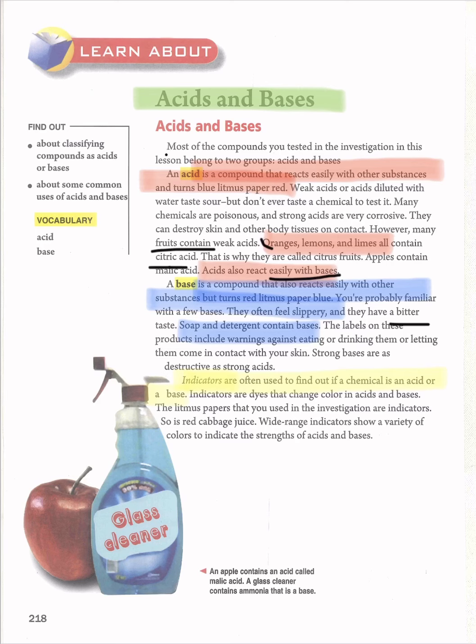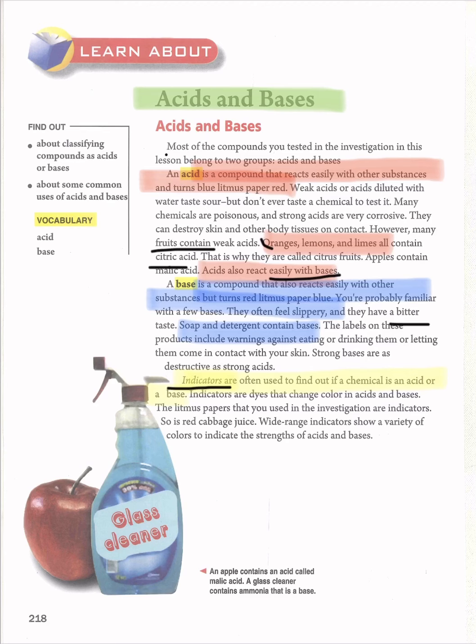What is the meaning of indicators? Indicators are often used to find out if a chemical is an acid or a base. It means litmus paper is one of the indicators, because with litmus paper we can find out whether a chemical is an acid or a base. The job of all indicators is finding out whether a chemical is an acid or a base.